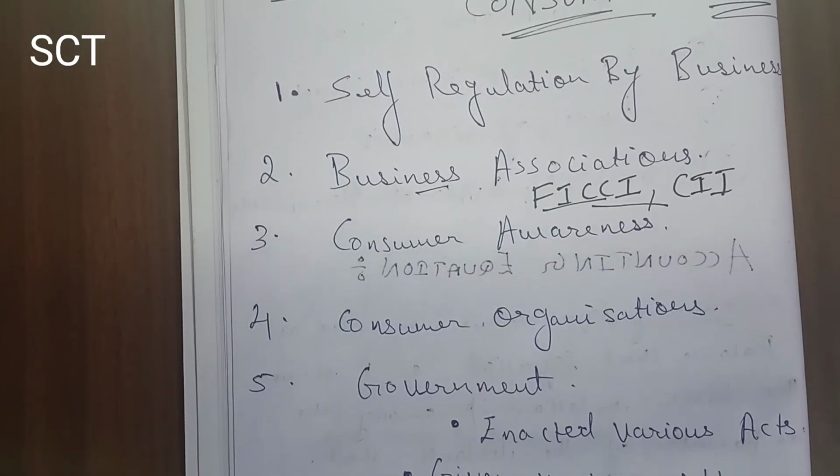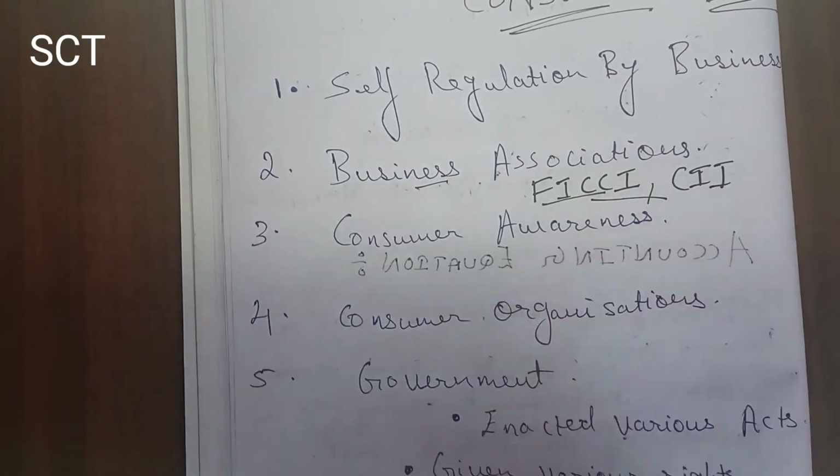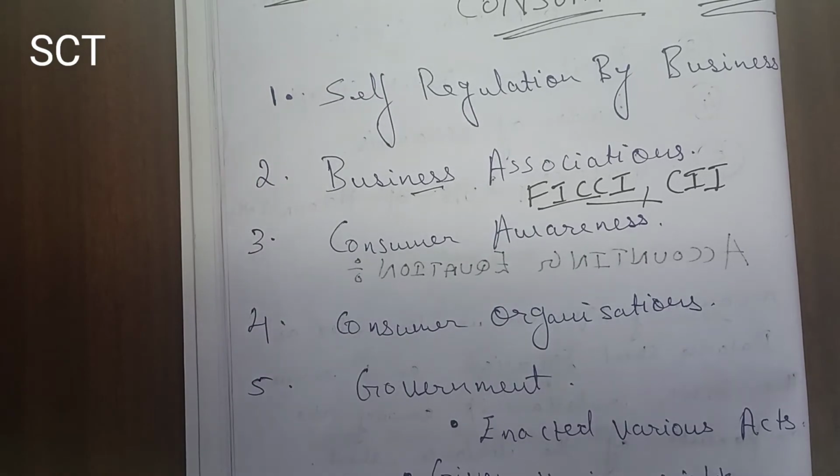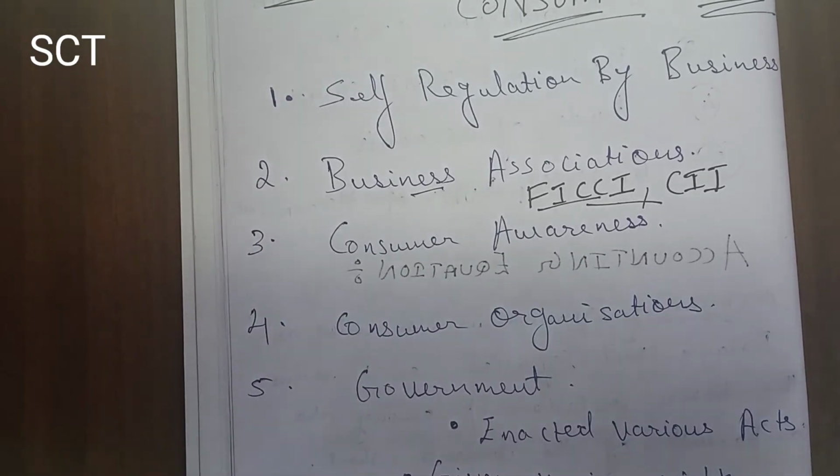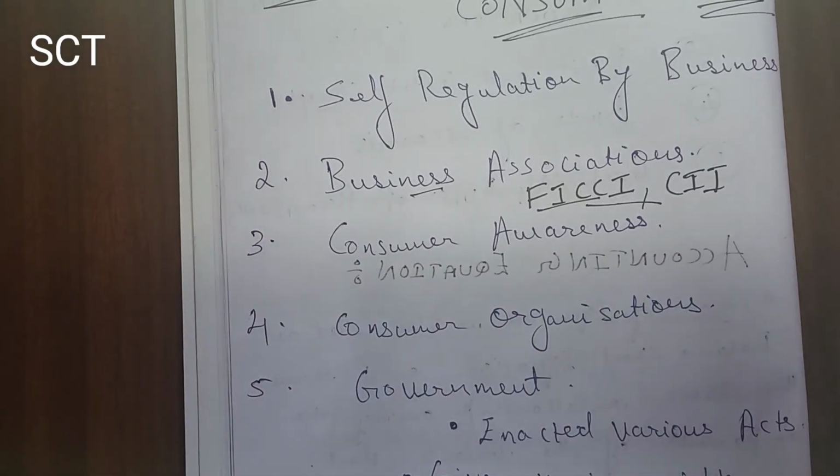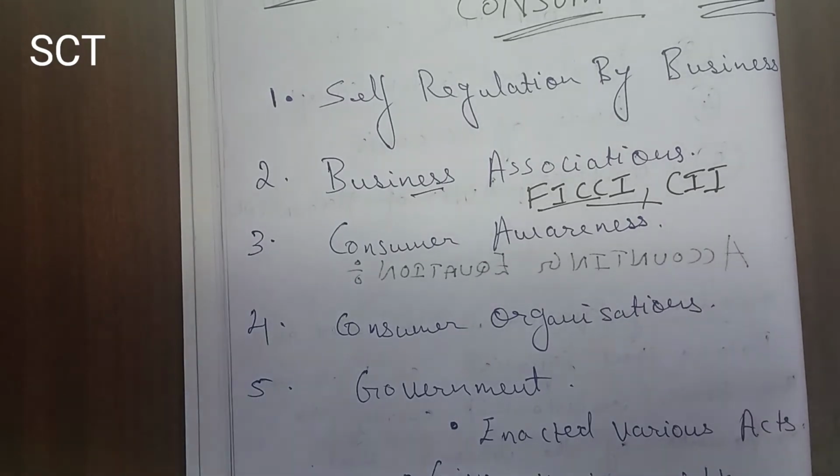So the third point, customer awareness. Very important point. If the customer is aware about the rights and the reliefs which are available for him, he can raise his voice at a time when he has been exploited by the business concern.